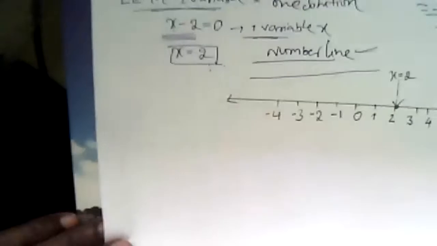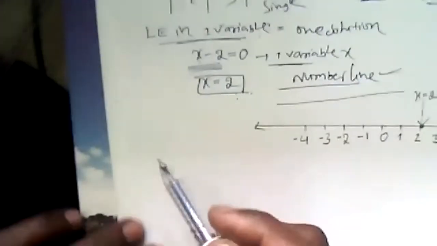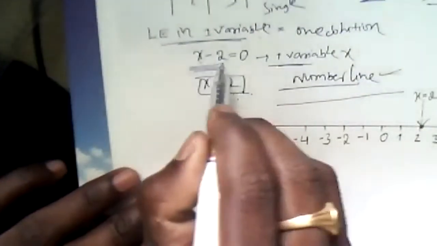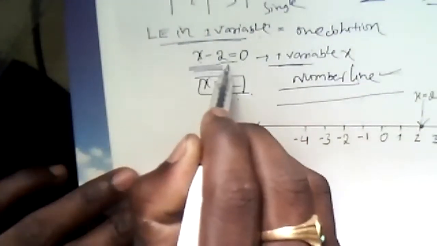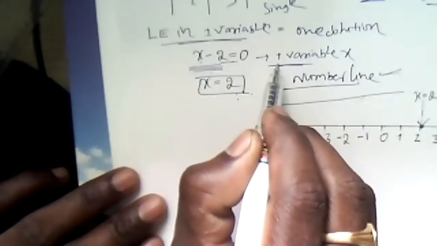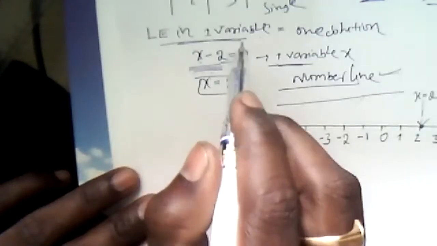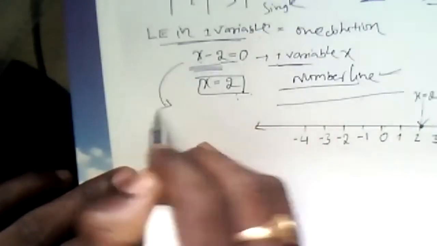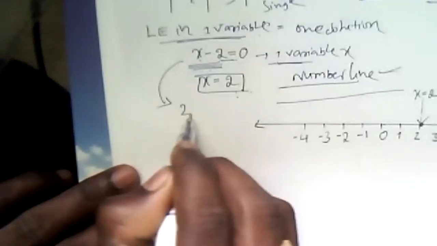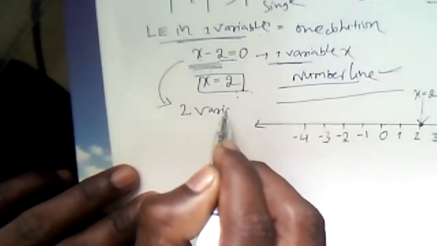Now there is a small change. Just observe. This is an equation in one variable. Therefore, I am going to convert this into two variables.